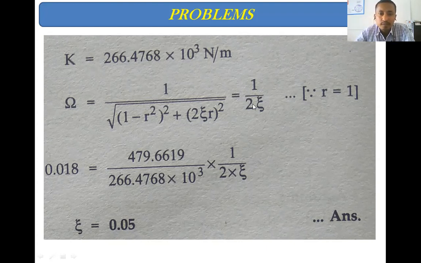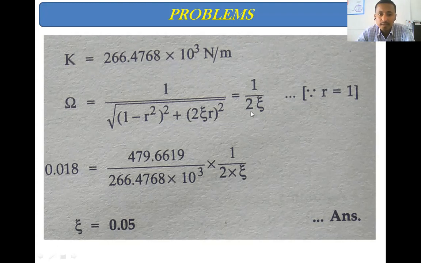If you substitute r is equal to 1 here, 1 minus 1 is 0, so this complete term becomes 0. Then with r equal to 1 it is (2 zeta) whole square. The square root and square cancel, so what remains is only 2 zeta. So it is equal to 1 by 2 zeta.